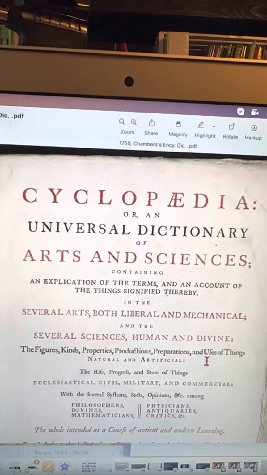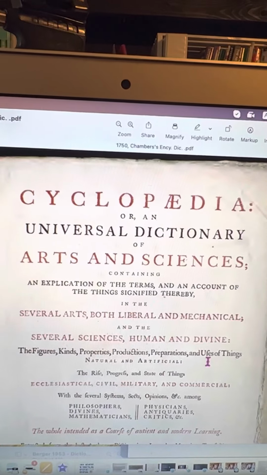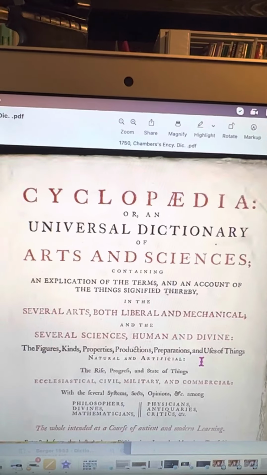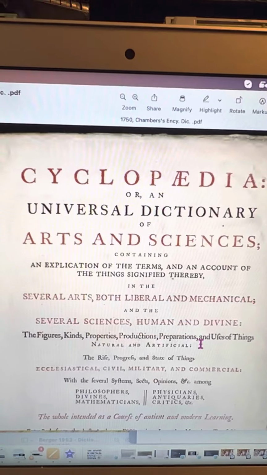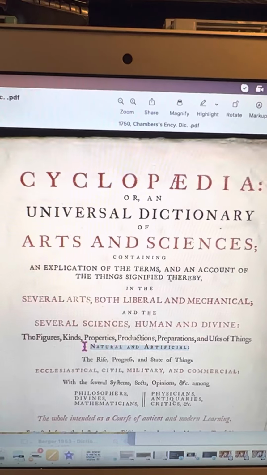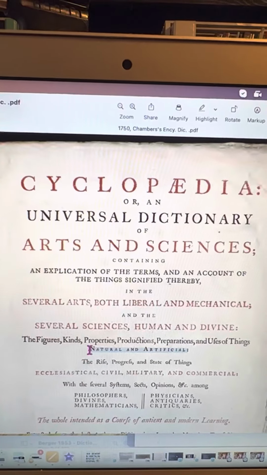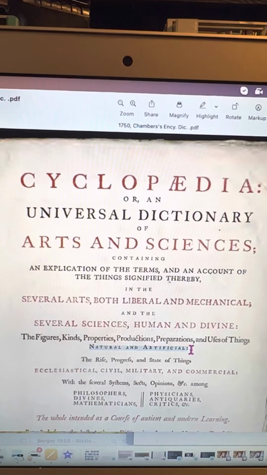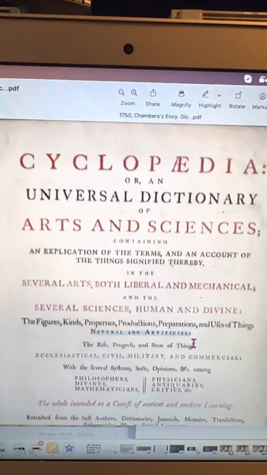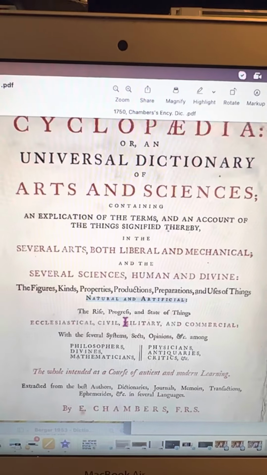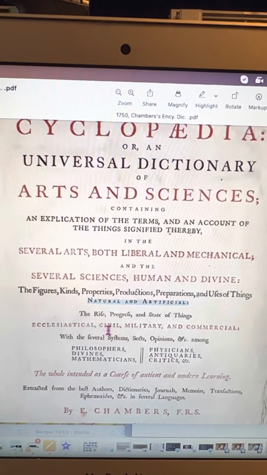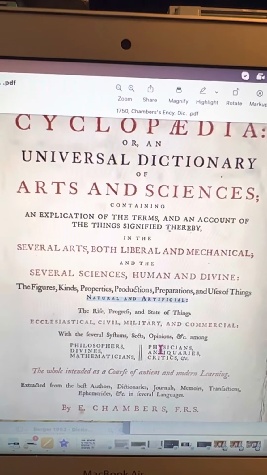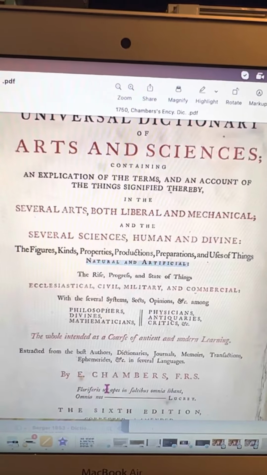See how the f is really an s, uses. Natural and artificial, because there's a distinction, including between people, a natural person or an artificial person, which is a legal entity. The rise, progress, and state of things, ecclesiastical, civil, military, and commercial, by Chambers. Okay.